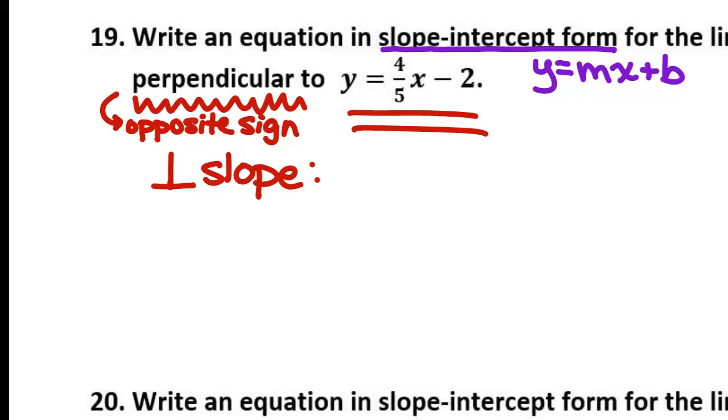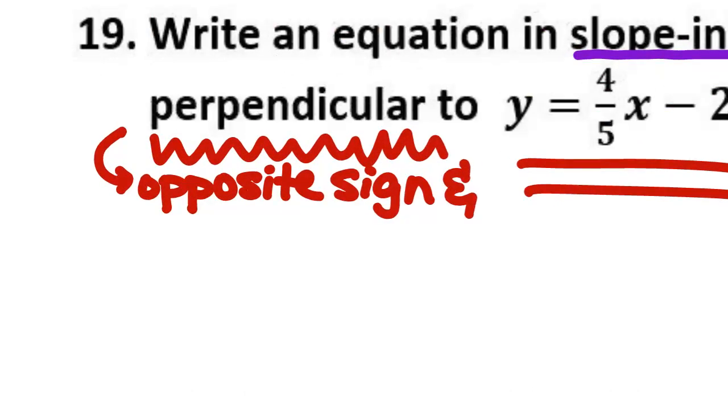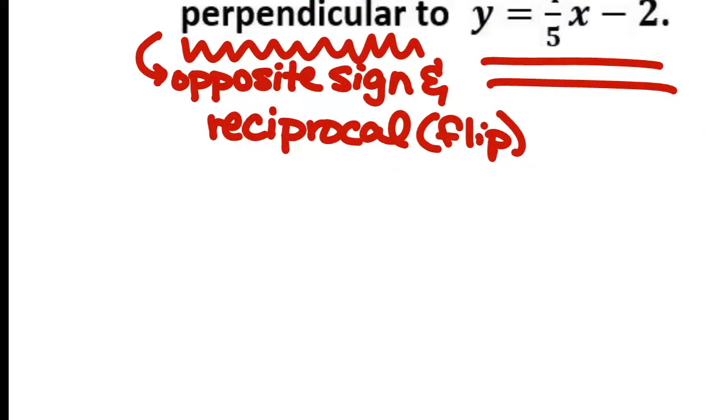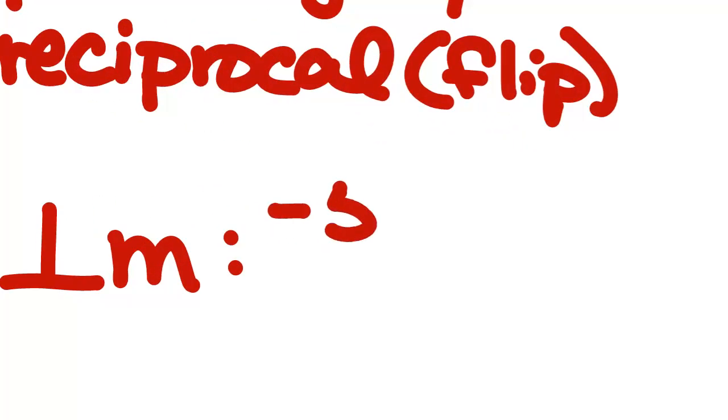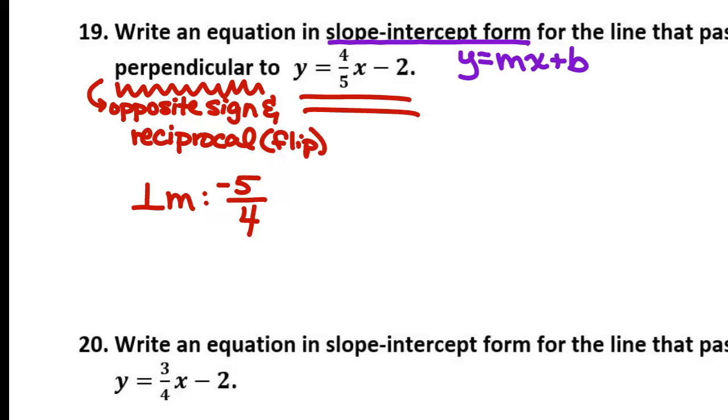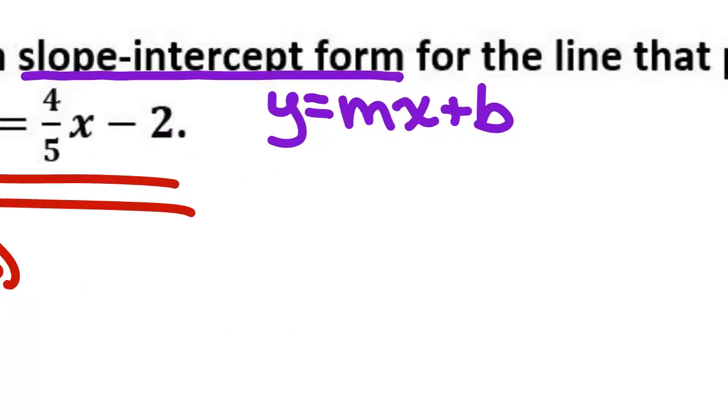And one other thing. You flip the fraction, opposite sign and reciprocal. Flip the sign, flip the fraction. So my perpendicular slope would be what? Negative 5 over 4. All right, we are going to use point slope form to do this.